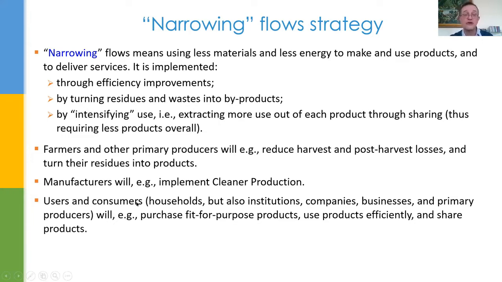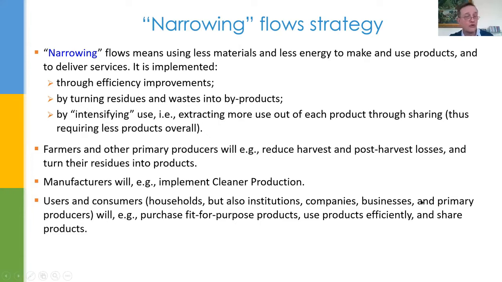Users and consumers, and by that I mean not just households, not just you and me, but also institutions like schools, like government ministries, companies also. Companies not only produce products, but they also use a lot of materials to help in the processing of those products. Businesses more generally, banks for instance, can narrow their flows.